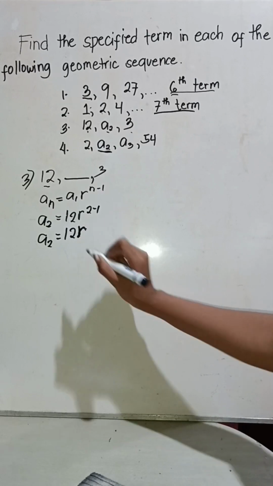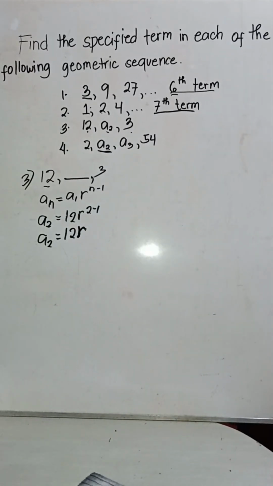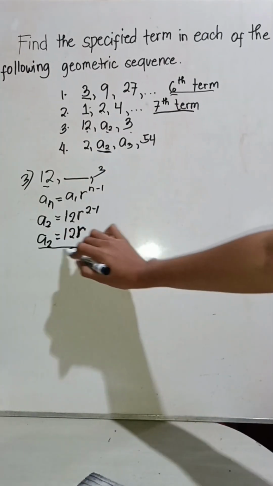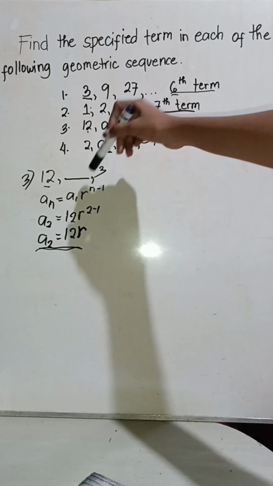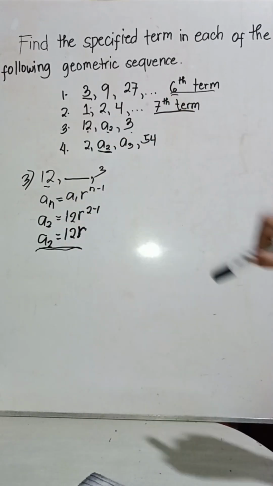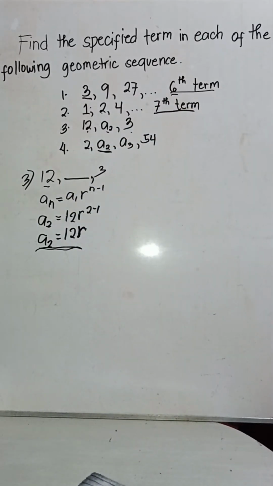If we use the formula for finding the nth term, we get stuck. We cannot solve it and cannot find our second term. So to get the second term, we need to use the formula in finding the geometric mean. That is our lesson today.